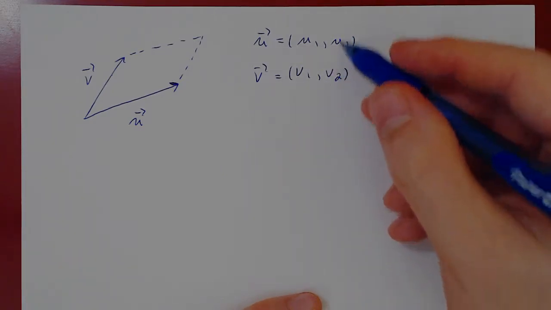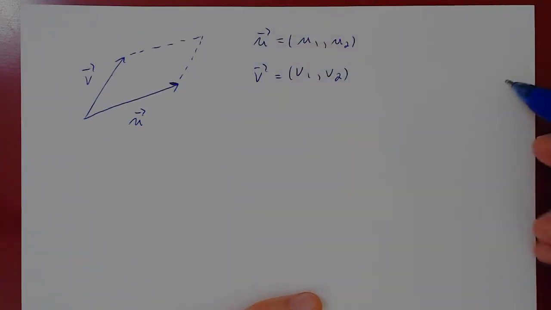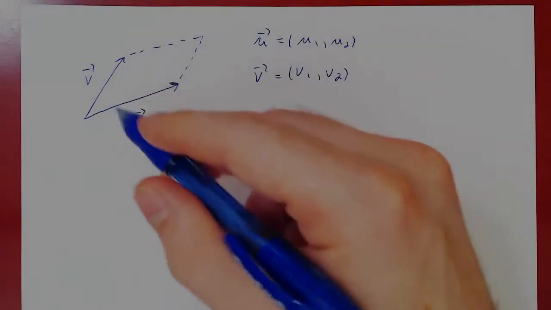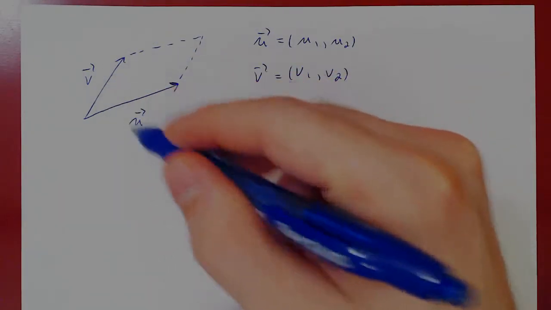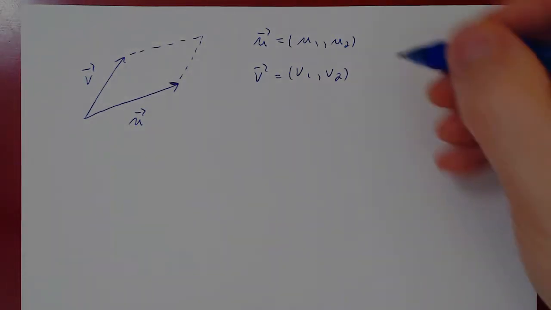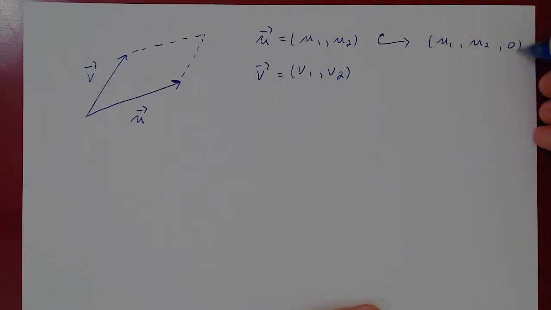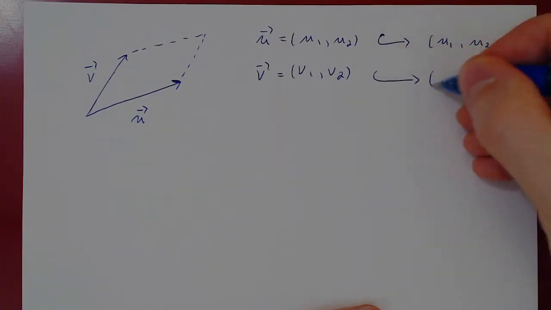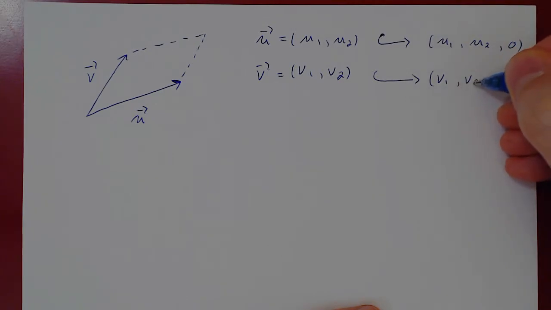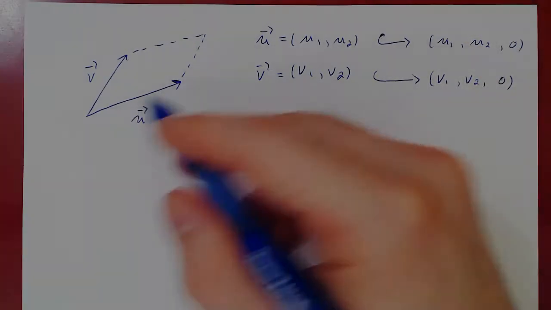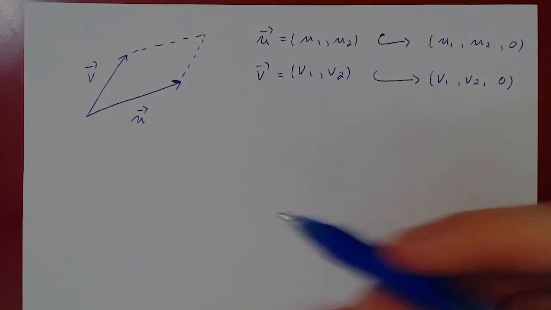We know that we can embed these two vectors in R3 by adding a 0 z component, and then we can use the norm of the cross product as we have just previously derived. So we embed in R3, the vector u becomes the vector u1, u2, 0. We embed v in R3 as well, it becomes vector v1, v2, 0. And now we have two vectors in R3 spanning the same parallelogram, and we use our result.